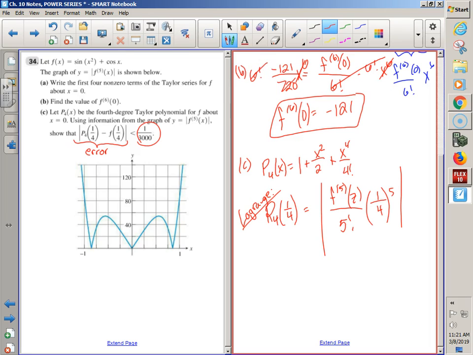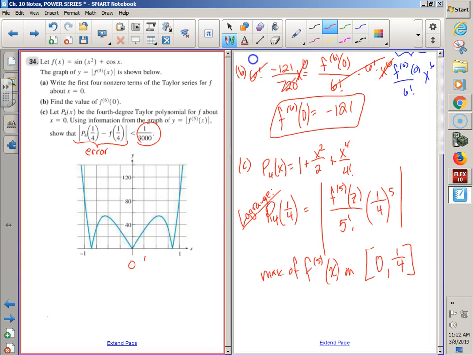Oh, dang, I can't do Lagrange unless I know the maximum value of the 5th derivative of f on what interval? Centered at 0, going to 1/4. There's my C, there's my A. Do I have a 0 and 1/4 over here? Yeah, I do. Isn't that my 0 and isn't that my 1/4?